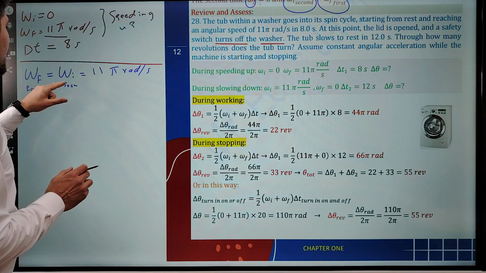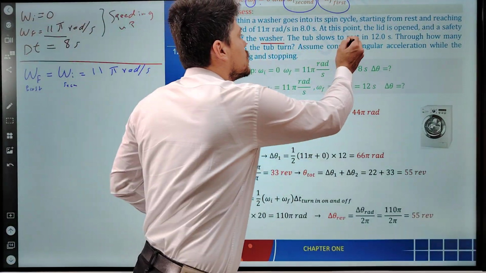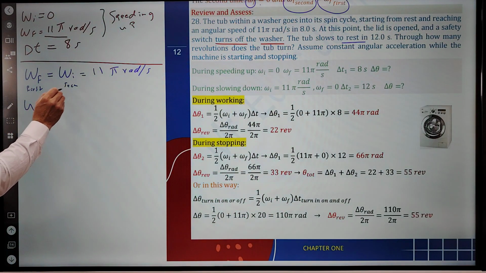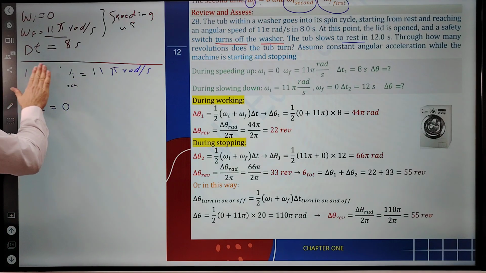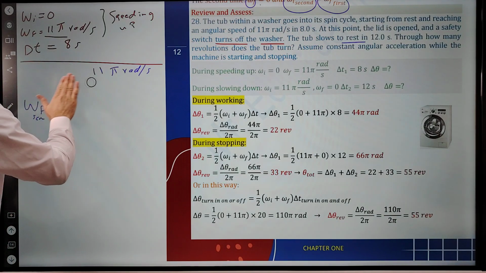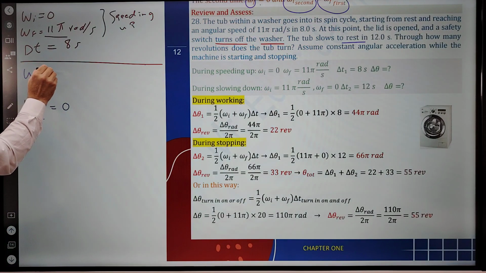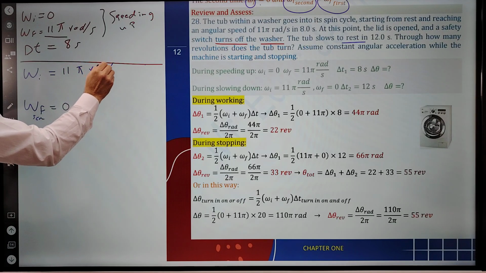So what is omega initial in the second case? 11 pi. Slows to what? To rest. What do you mean by to rest? It means that omega final in the second case is equal to 0, from 11 pi rad. Let's remove this, and I'm going to write down omega initial was 11 pi rad per second.